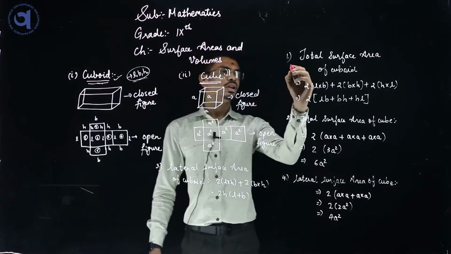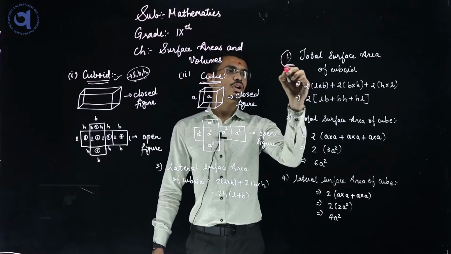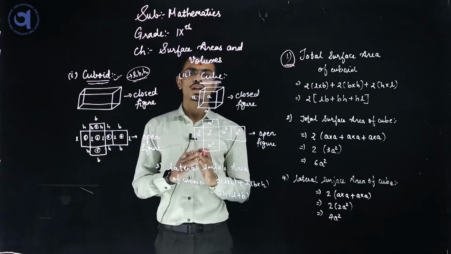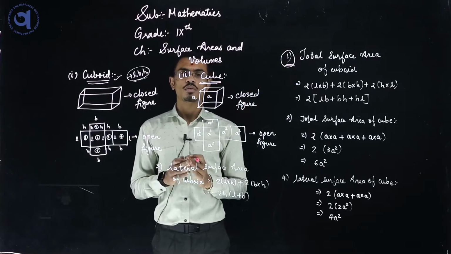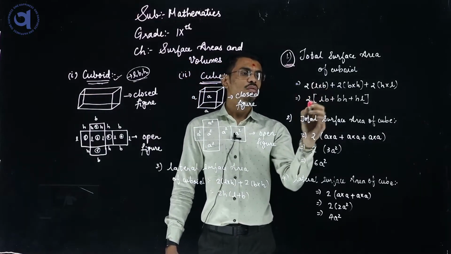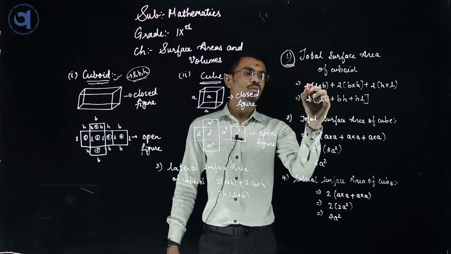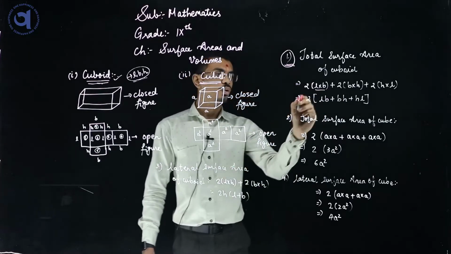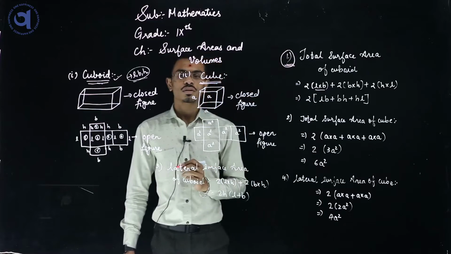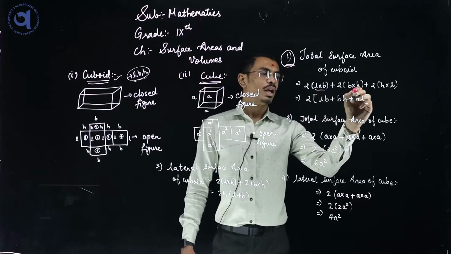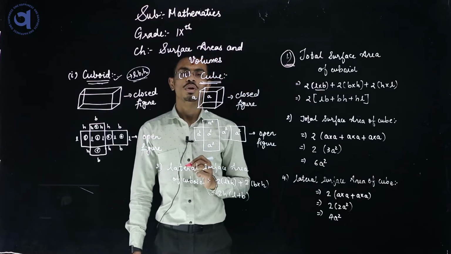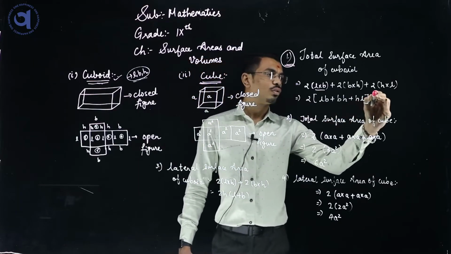So our first formula will be the total surface area of a cuboid. Total surface area means we have to cover the whole part from outside and inside also. In that case, the first term will be length into breadth, two times, so 2 into L into B, plus breadth and height, also two times, and the last one is height into length, also two times.